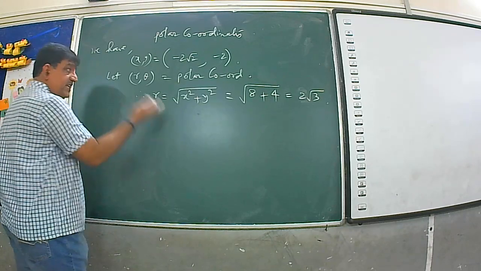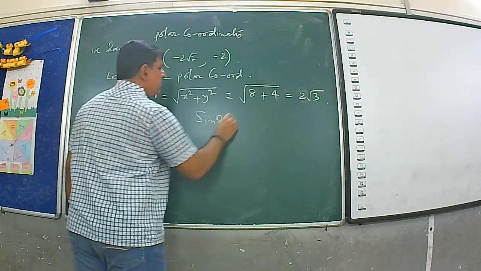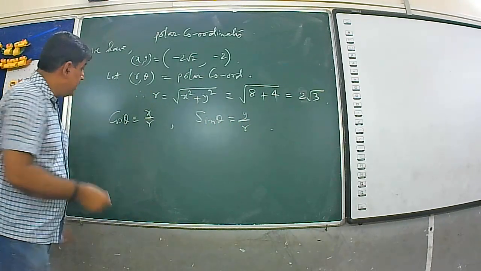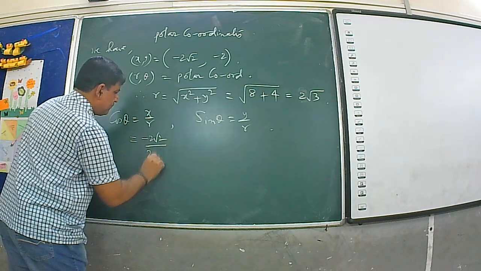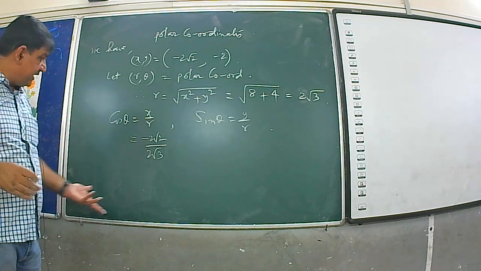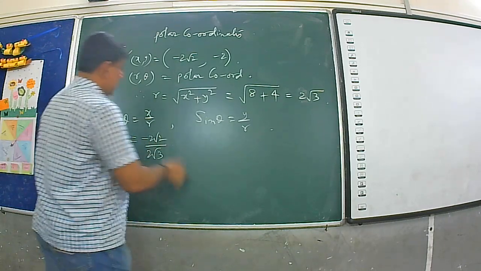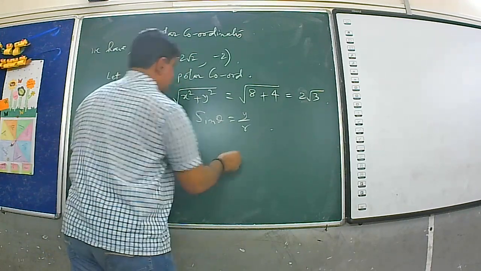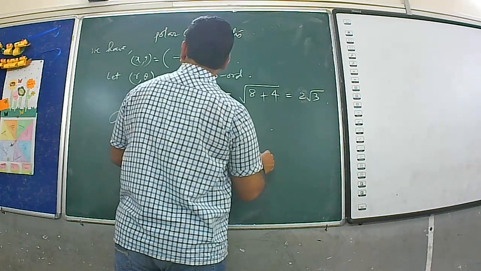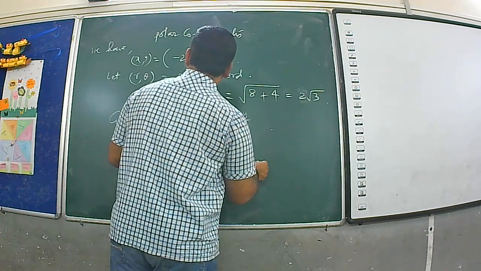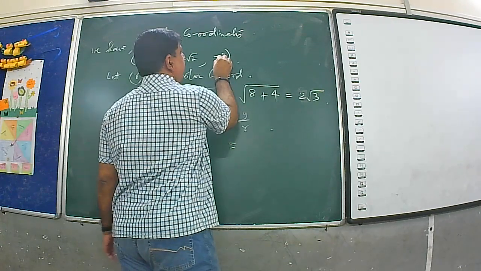Now, for theta, cos theta is equal to x by r and sin theta is equal to y by r. Now you see here, x by r means minus 2 root 2 by 2 root 3. Sorry, let us change the problem a little bit so that you will get a good answer.